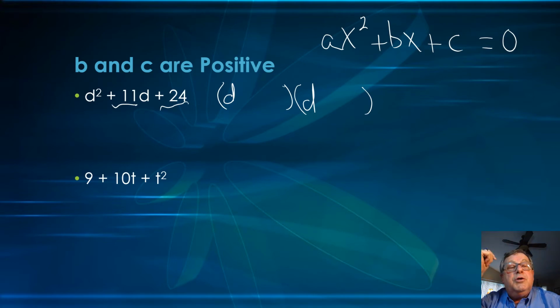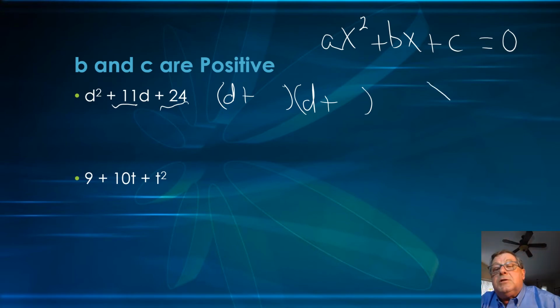Now, what we're trying to find here are two numbers that are going to multiply to positive 24 and add to positive 11. And two positives multiplied together are going to be positive. And so therefore, if my middle term is also positive, then I'm going to have a plus sign inside of both of my parentheses.